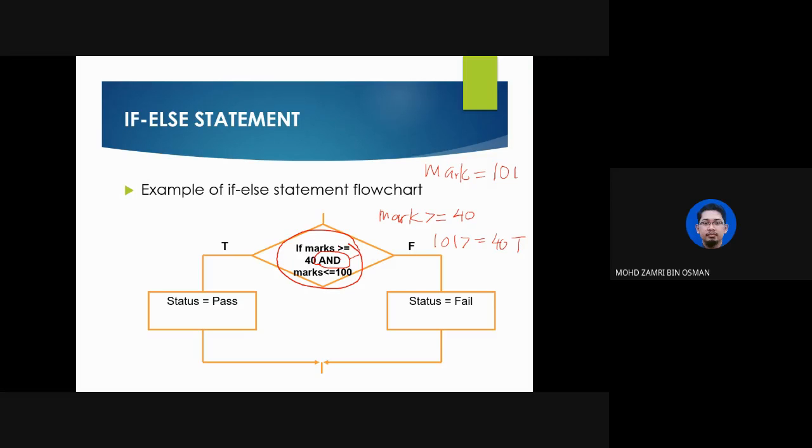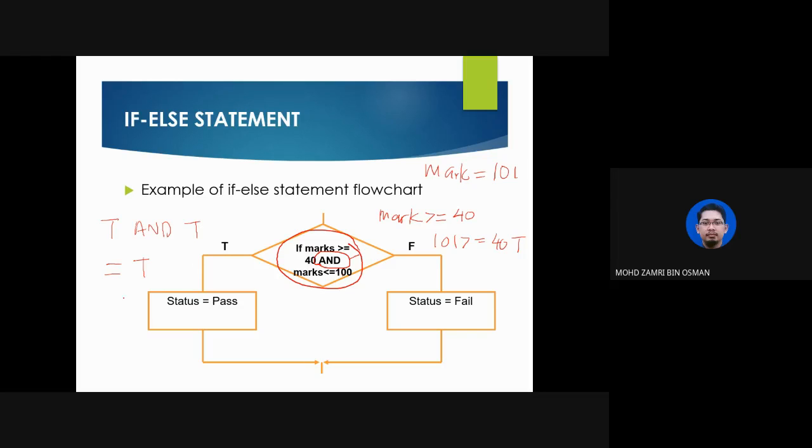But since we are using the AND operator here, remember from chapter number 2 that with AND we need true and true in order to get a true condition.